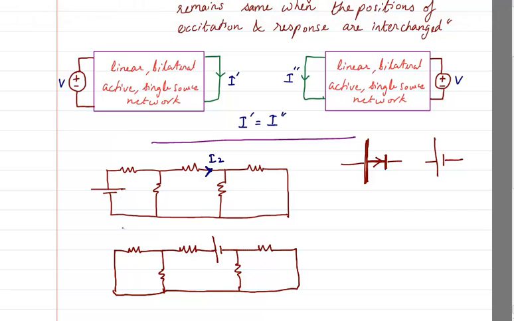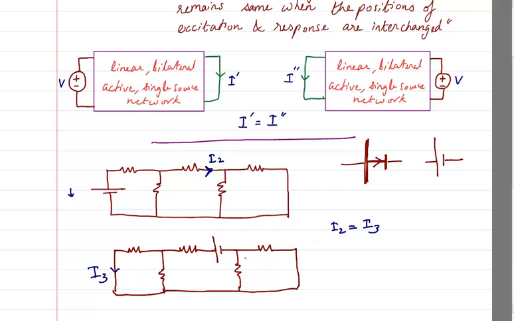Again I will draw it inside from the positive plate to the negative plate, like this. And this current I will name, let's say, I3. Then the reciprocity theorem says that you will get I2 equal to I3.